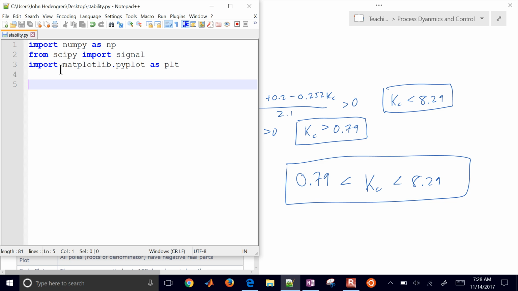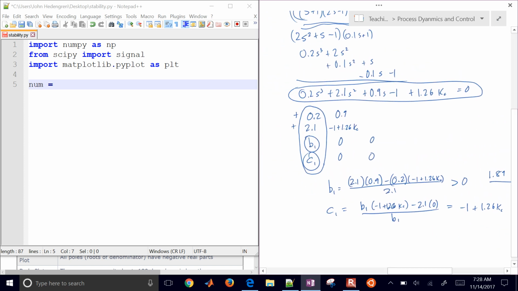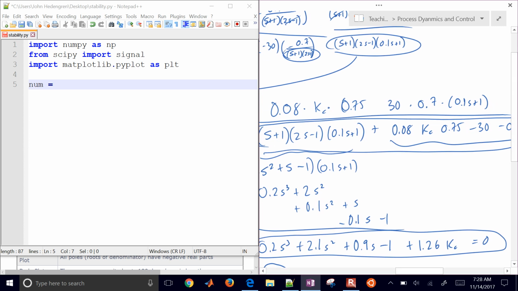Okay, so the very first thing I'll need to do is say, what is my numerator? And let's go back to my numerator. Okay, it was up there at the top. So numerator is going to be 0.08 times 0.75 times 30 times 0.7 times 0.1.